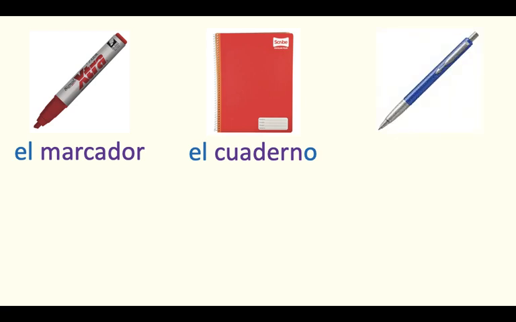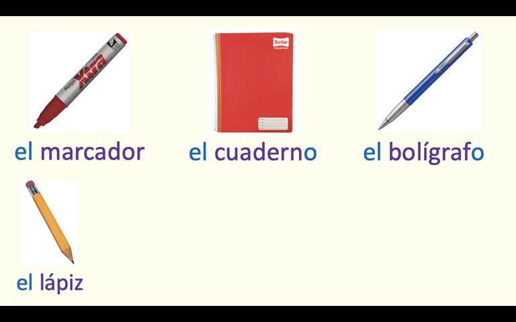Let's see what you remember. ¿Cómo se dice marker? Repita, el marcador. ¿Cómo se dice notebook? Repita, el cuaderno. ¿Cómo se dice pen? Repita, el bolígrafo. ¿Cómo se dice pencil?